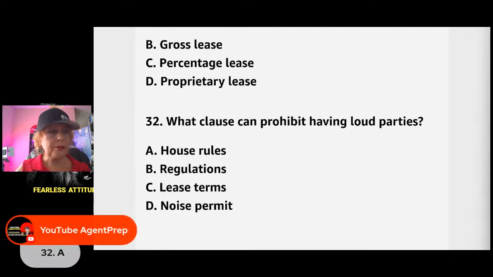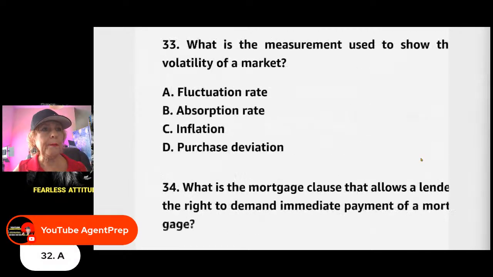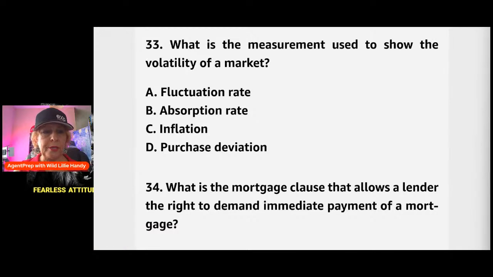All right, so the answer here was house rules, okay? All right, number 33. What is the measurement used to show the volatility of a market? A, fluctuation rate, B, absorption rate, C, inflation, or D, purchase deviation. So it's how the supply and demand and how properties are sold, how quickly, how slowly.